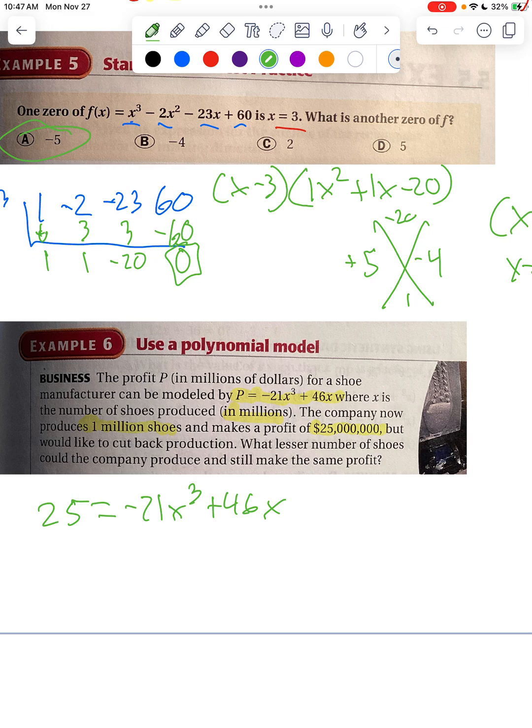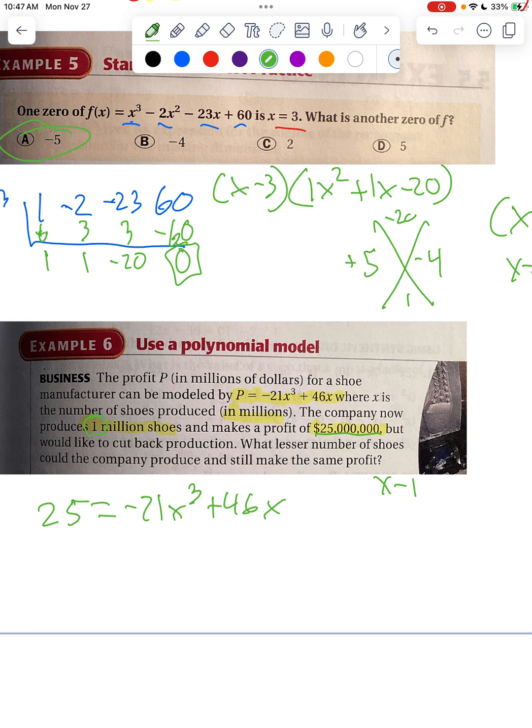We know that x equals 1 is a solution of the equation, because it tells us right here this is what they make. If x equals 1, we could divide by x minus 1 and see if we get another zero. And potentially we could find another zero that we could factor.